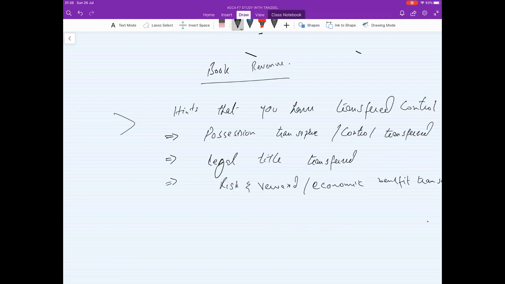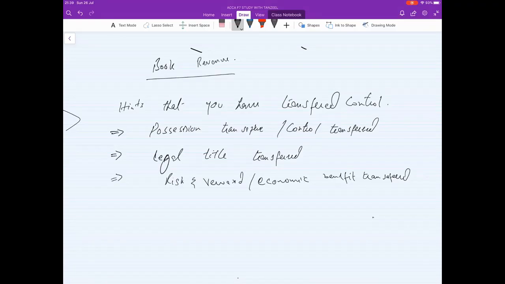I can book that revenue now. And if with the car I gave you a 5-year warranty, I cannot book the revenue for that warranty now. I will book that revenue over time. If it is for 5 years, I will spread it over 5 years.